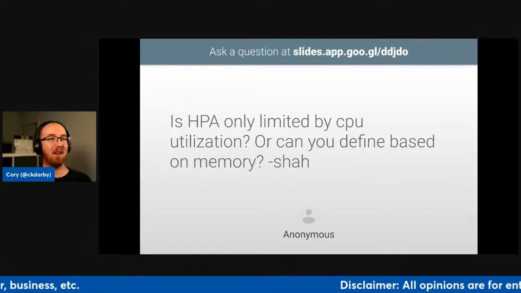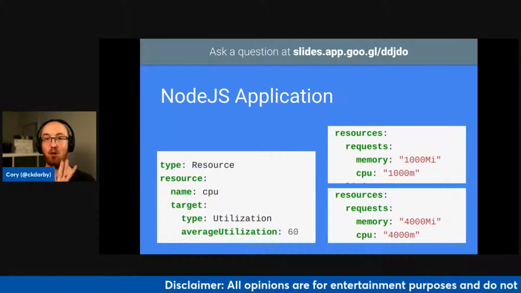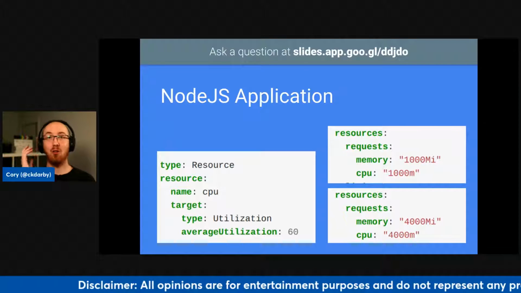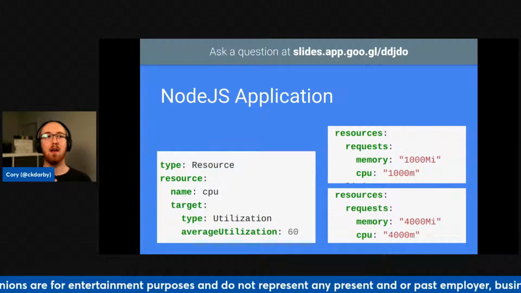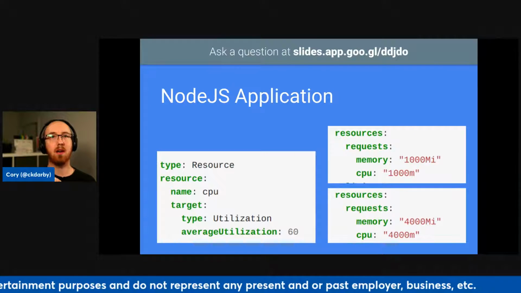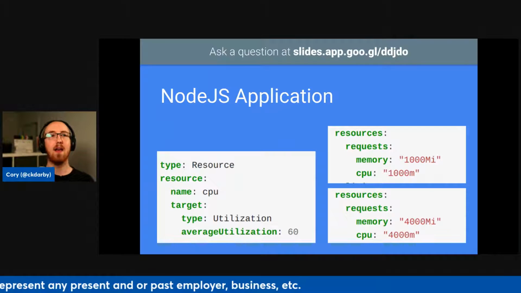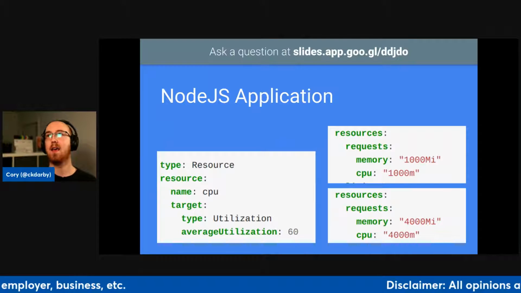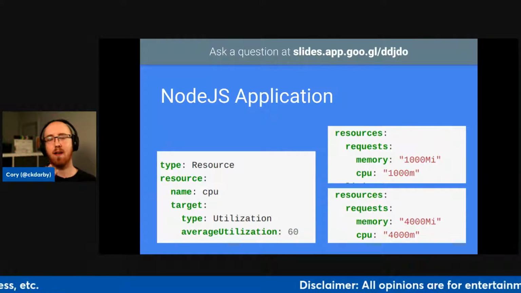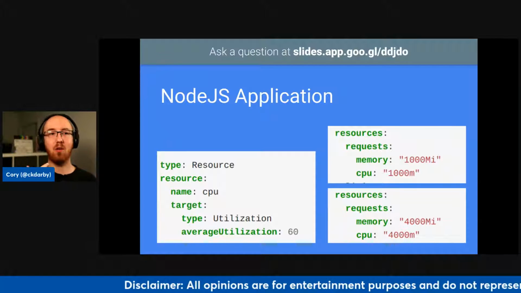Or can you define it based on memory? So you can do memory. You can also do custom resources if you would like to. It's a different spec to do the custom metrics, but you could tie this into Prometheus. You could tie it into whatever your favorite tool is. And then you can push these custom metrics into Kubernetes and kube metrics, which is just a fancy way of saying push it into Kubernetes, and then you can serve this up.